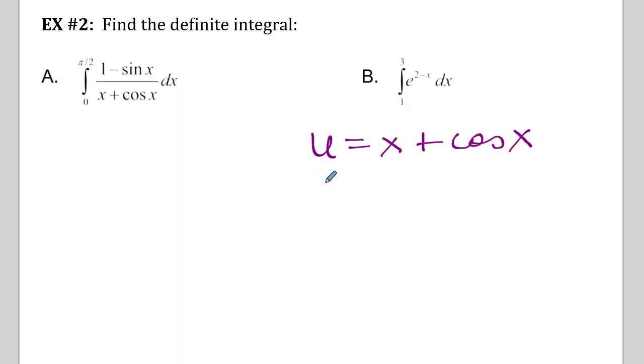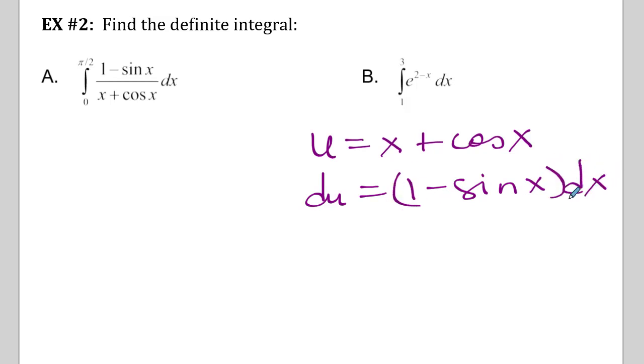And it follows then that du is equal to 1 minus sine x dx, which is exactly what we have, right? We can rewrite this now as the integral, and we need to change our limits. We'll come back to that in just a second. But we've got du over u.